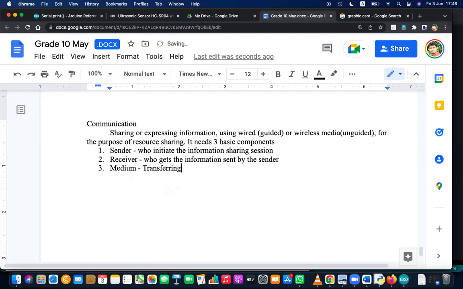Transferring mechanism. Okay, let me know once you're done. So that is called communication.